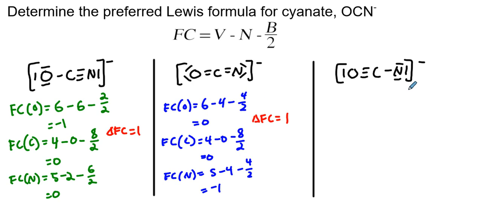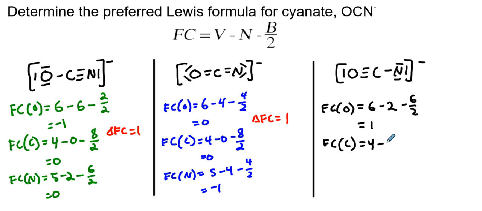So let's look at this last example, the one that maybe we had deemed least likely from the get-go. It has 6 valence electrons on oxygen, 2 here that are non-bonding, and 6 over 2, which is 3. And so we're going to end up with a formal charge of 1 on the oxygen. So that's different than the other ones. The carbon is no different than the other ones. 4 minus 0 minus 8 over 2, which is 0.